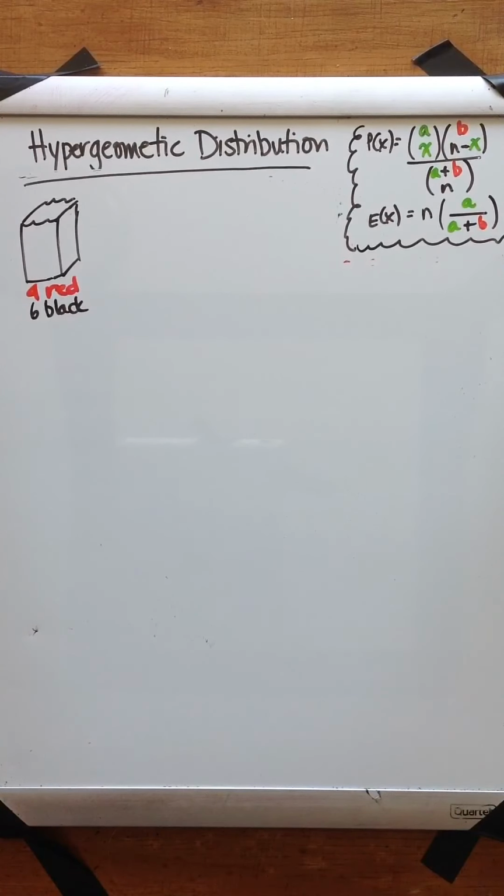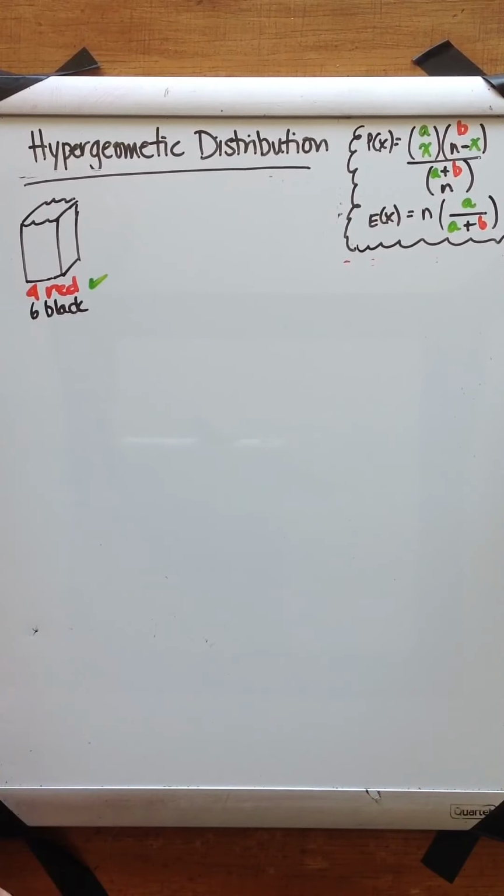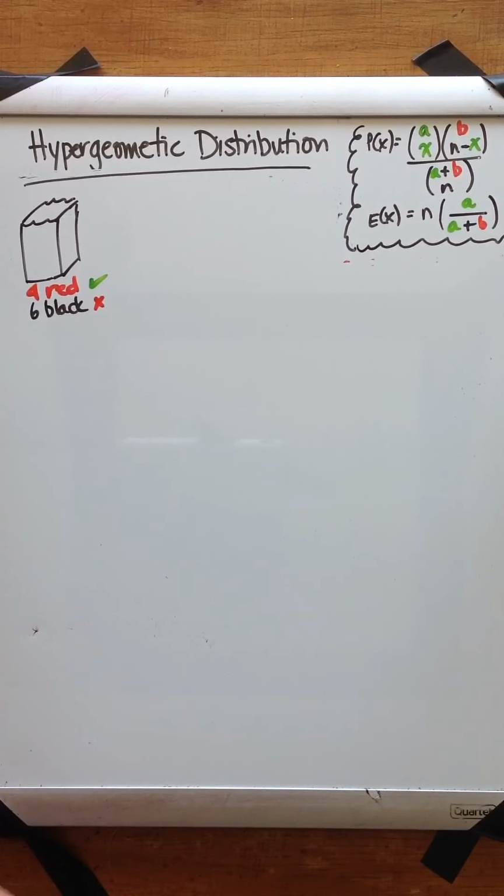And we are going to deem that getting a red one is a success, and that getting a black one is not a success, because, as everyone knows, the black ones are gross. The red ones are good. So red is a successful trial. It says determine the probability distribution of the number of red nibs picked from the total nibs in the bag.